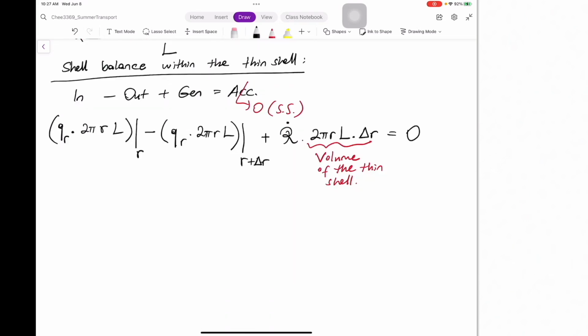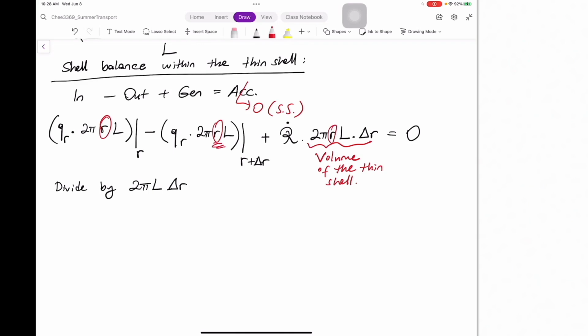Now let's divide everything by 2 pi L delta r. I'm not dividing by r because I cannot simplify the r's, because this r and this r are all different r's.